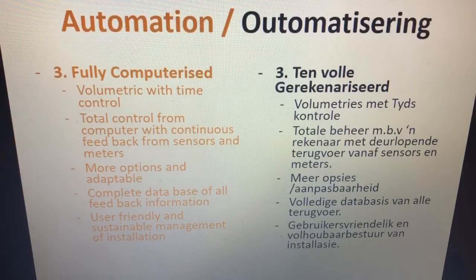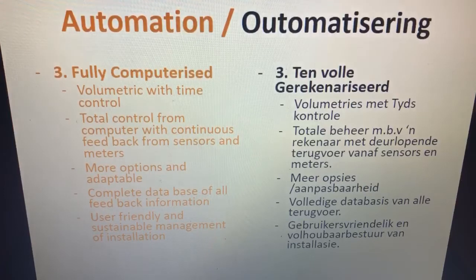And then your final one is fully computerized. So now you are basically using the best of both your mechanical and electrical systems. You have a volumetric kind of system where it measures the volume of water that's moving in conjunction with time control, and total control from the computer with continuous feedback from sensors and meters.